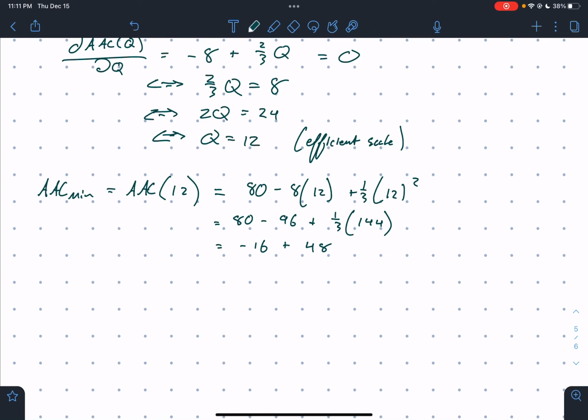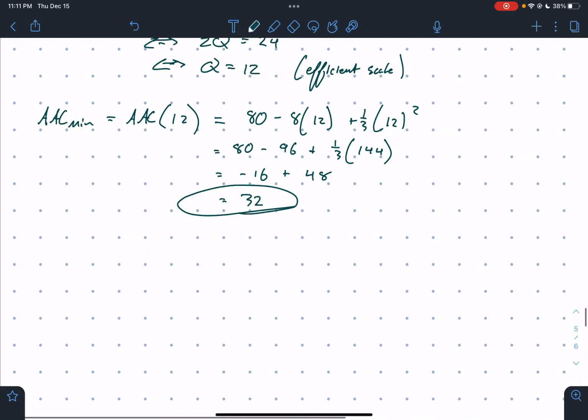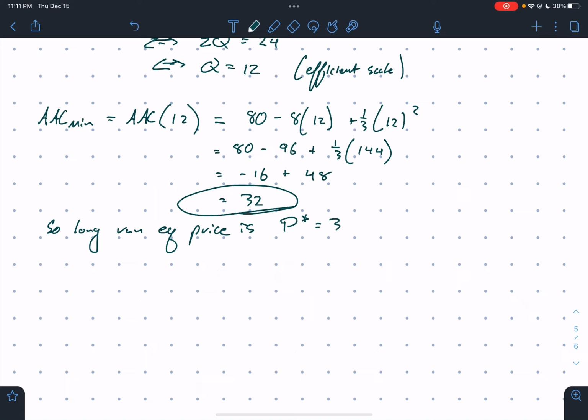Yeah, okay, I second guess myself. Never second guess yourself. Go with your gut. Yeah, 48. Okay, so this becomes 32. So this is the average avoidable cost. So this is the equilibrium price with free entry.